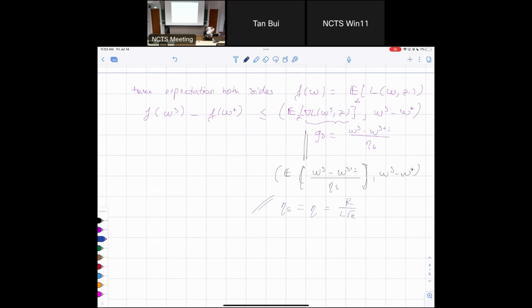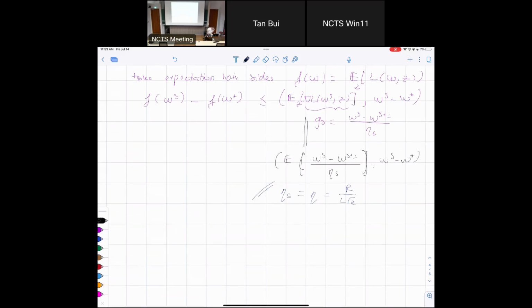So I'm going to take it out as 1 over eta. Then I have the expectation of two things: W_S minus W_{S+1} in the product with W_S minus W star.